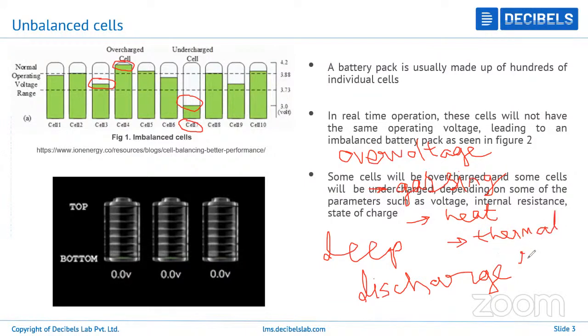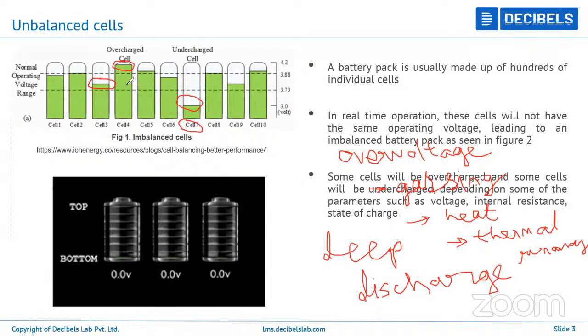Thermal runaway is a phenomenon where the cell begins to heat up so much that it catches fire, and it spreads this heat and fire to all the surrounding cells. This can cause cells to catch fire, and finally the entire battery pack will catch fire.